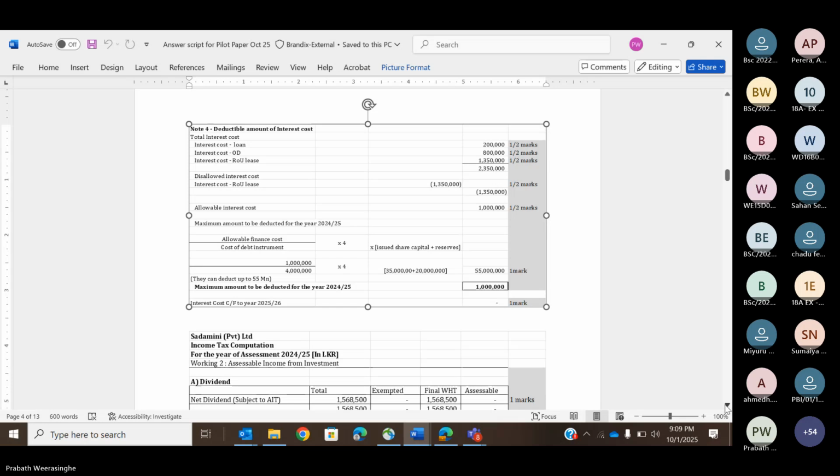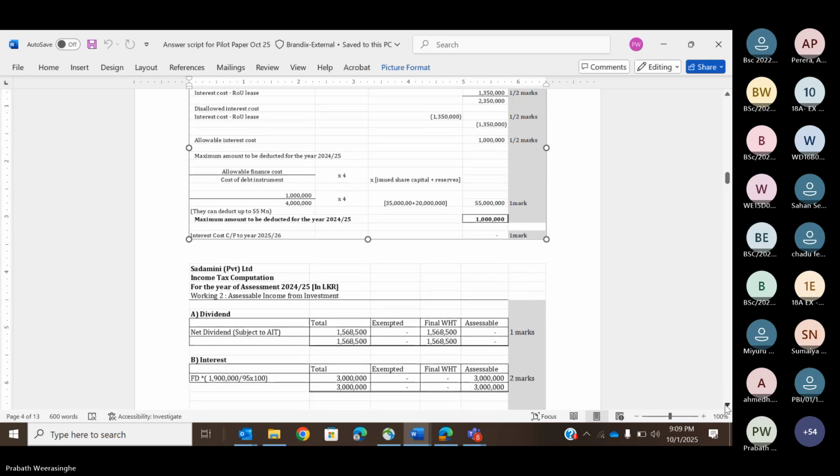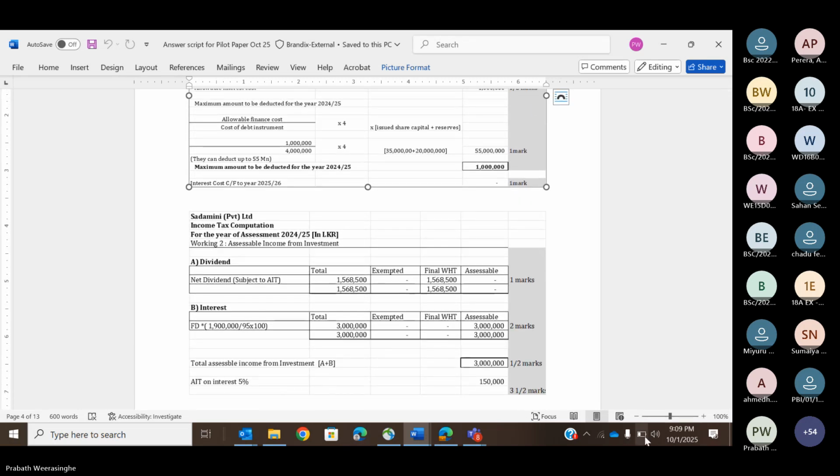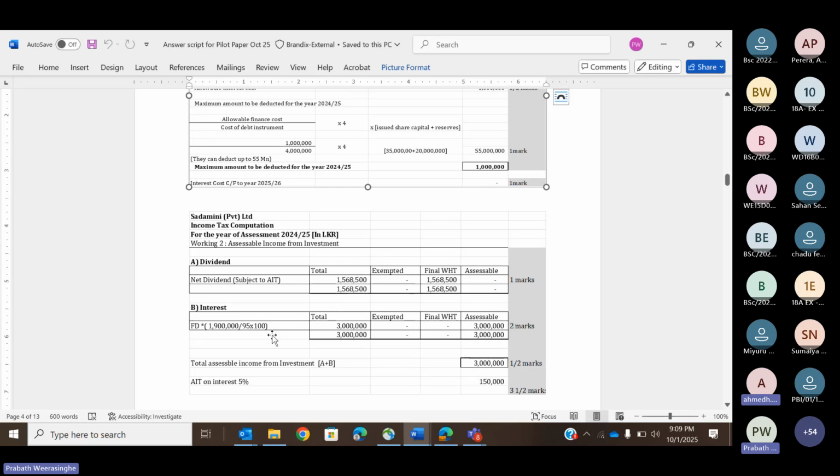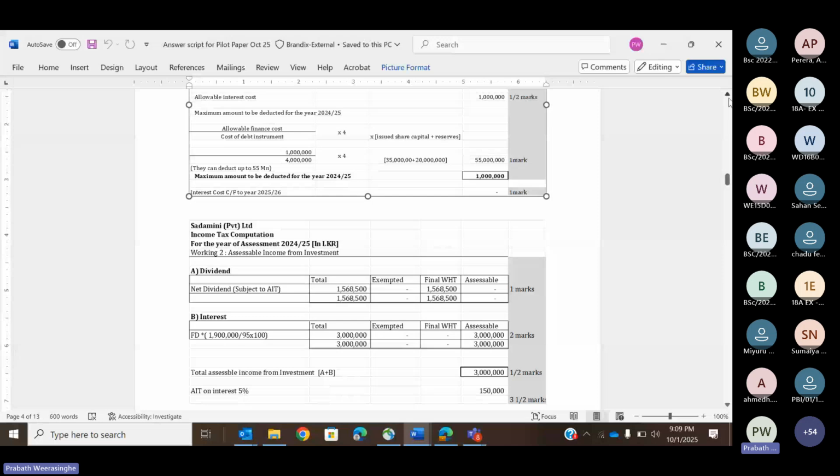The balance is the allowable part for the relevant instrument. Especially in the interest, if it is net, we have to gross up that interest.